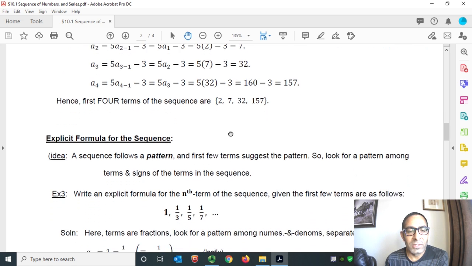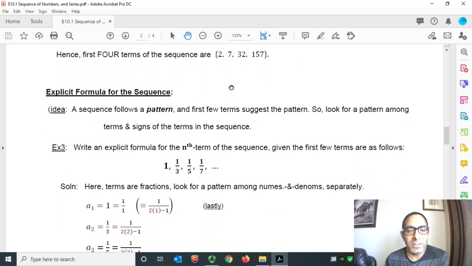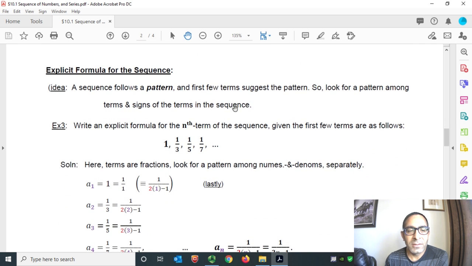Next, let's talk about the explicit formula for a sequence. The idea: a sequence follows a pattern, and the first few terms suggest the pattern. So look for a pattern among the terms and signs of the terms in the sequence. Example 3.